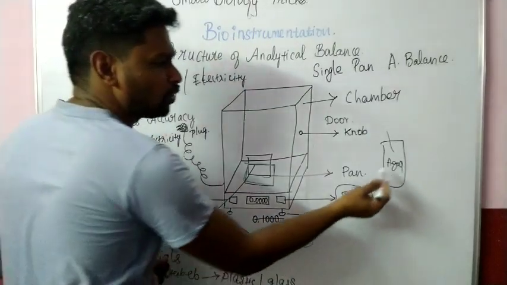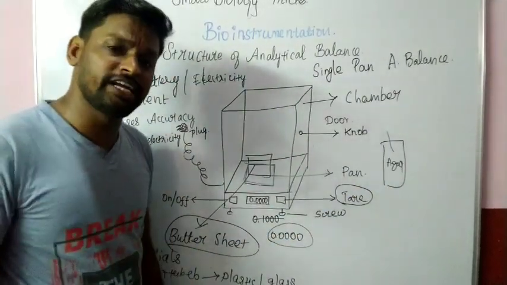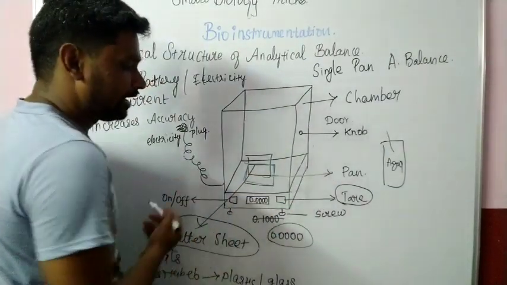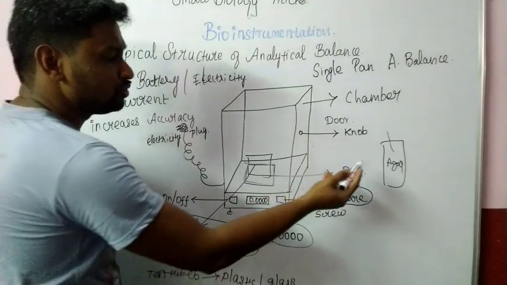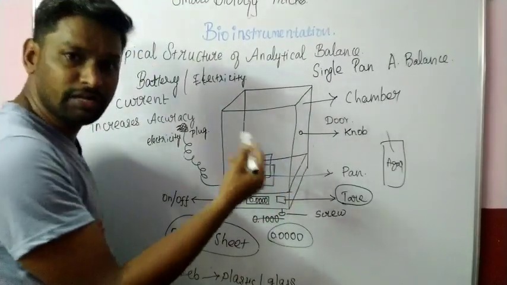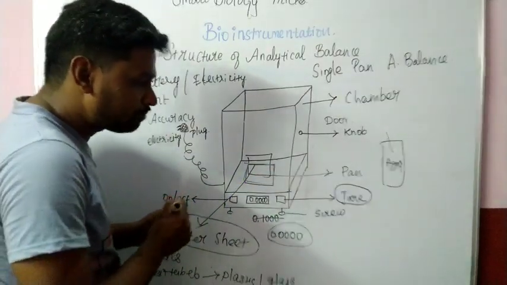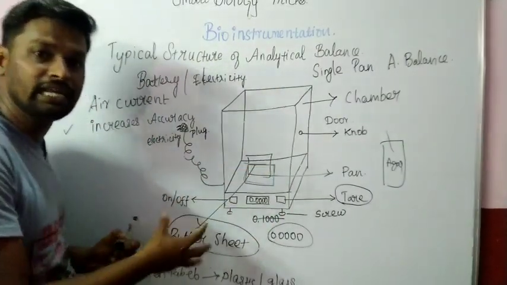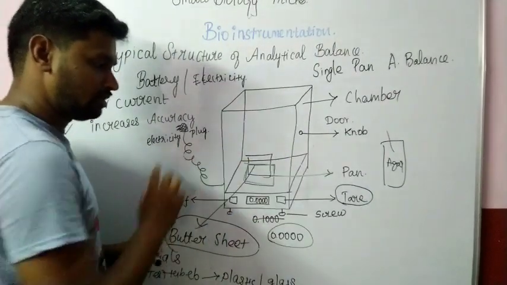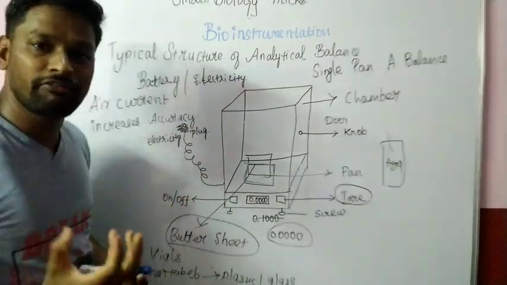Any kind of chemical, not only agar, you can use sodium chloride or sodium alginate, any kind of powder material can be added. You are not supposed to directly add any kind of chemicals or liquid substances onto the electronic balance, as the electronic balance is made with stainless steel. Even though the instrument is made with stainless steel, there is a formation of rust.